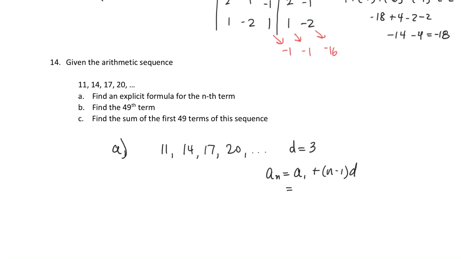So the first term is 11, and the common difference is 3. So if you simplify that, you get 3n plus 8. That's an explicit formula for the nth term.